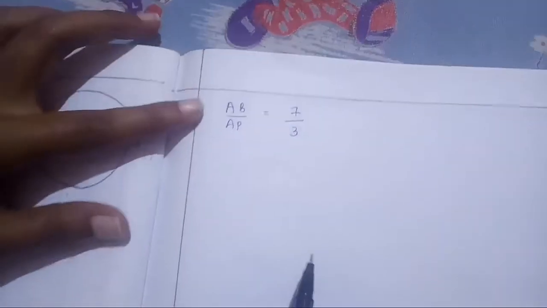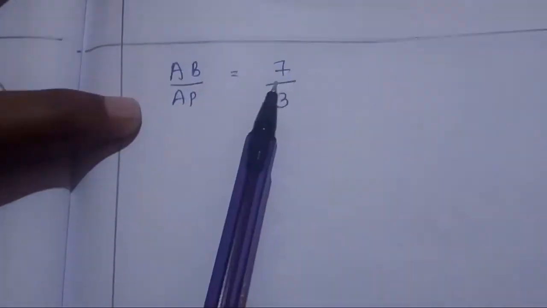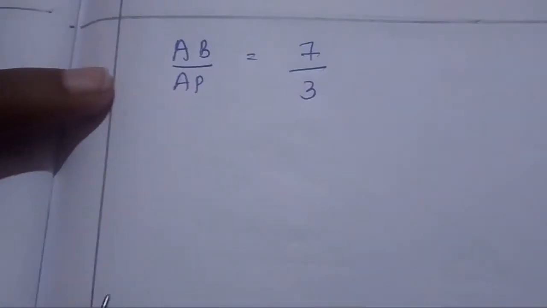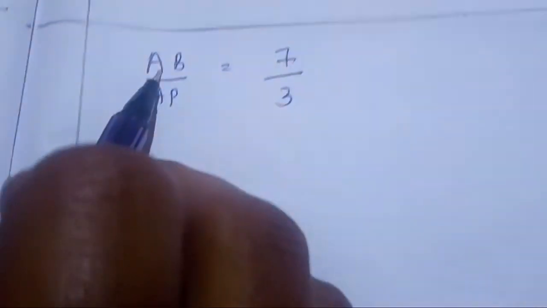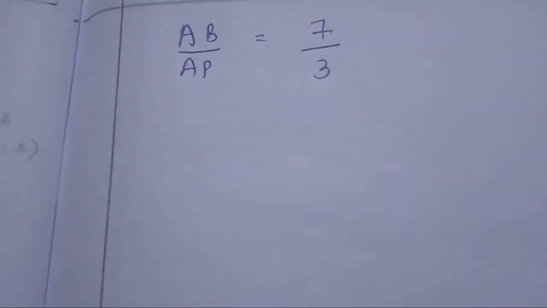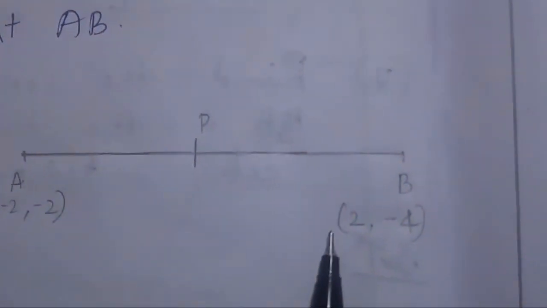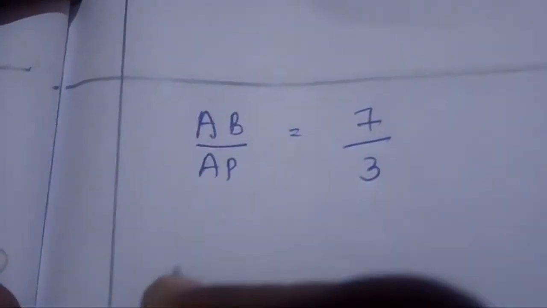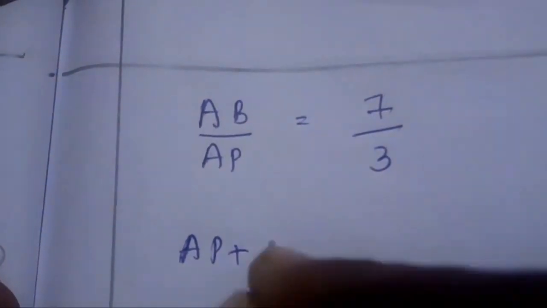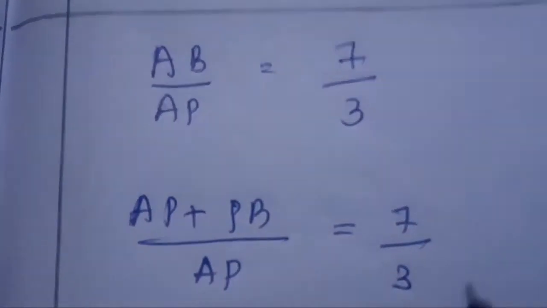That is AP by AB becomes AB by AP and 3/7 becomes 7/3. Now what is this AB? AB means a number line. Here the number line will be there, AB. This can be written as AP plus PB. That is AB is equal to (AP plus PB) divided by AP, which is equal to 7/3.